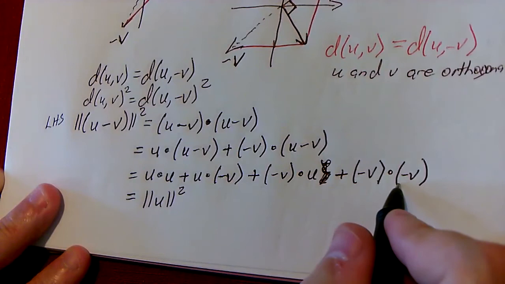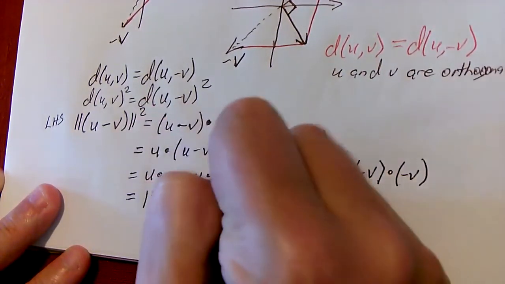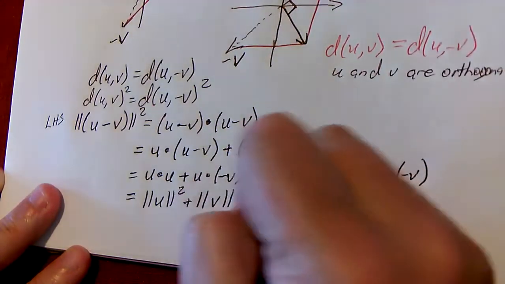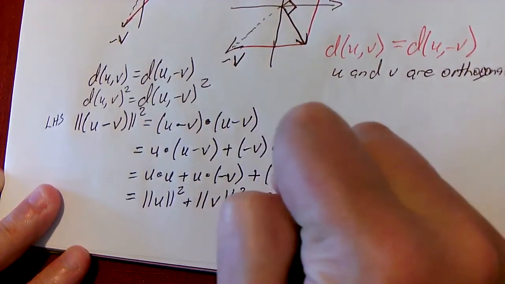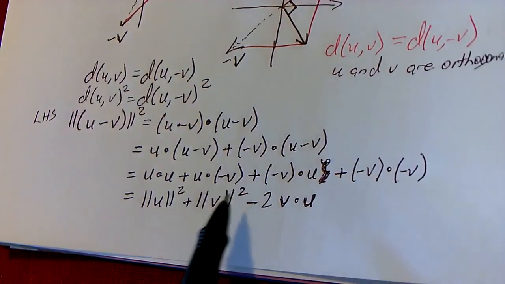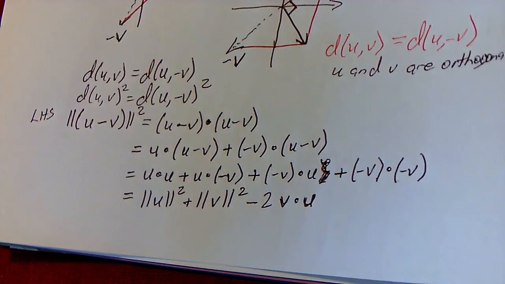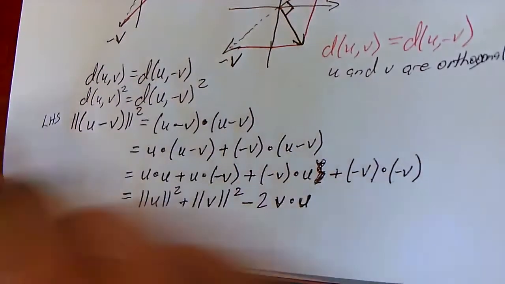And negative v dot negative v, the negatives go together and make a positive, I get the norm of v squared. And then these two, I know this is commutative, so I'm going to get negative 2 copies of v dot u because I can switch the order of v and u. And they're both negative, so I put them together, I'm going to get negative. So I've got negative 2 v dot u. If you want to put u dot v instead of v dot u, that's fine. Remember, it's commutative. You can go in either order. So that's my left-hand side.